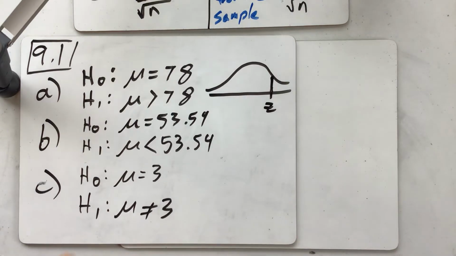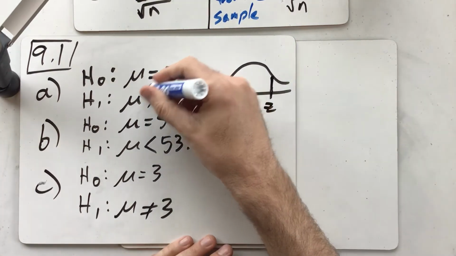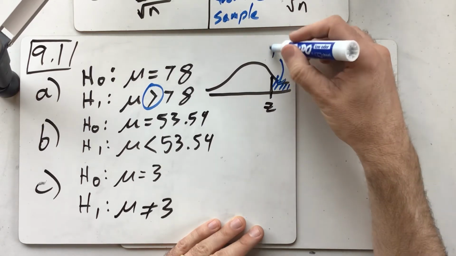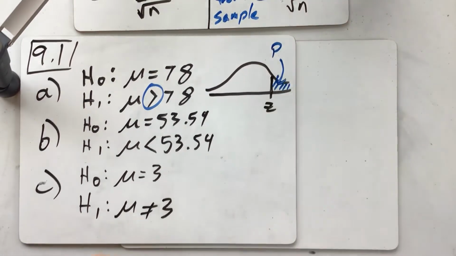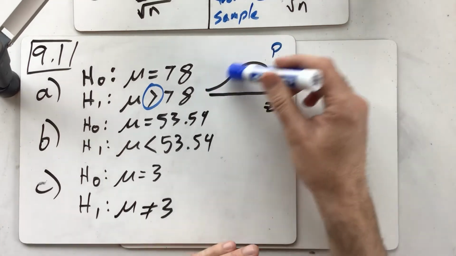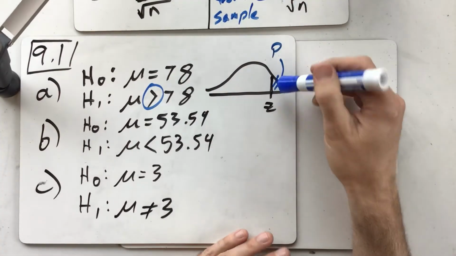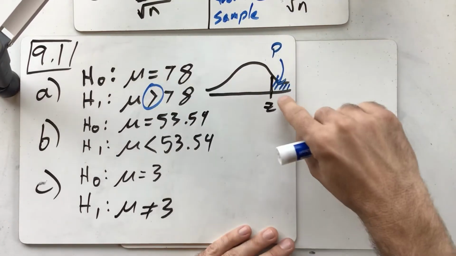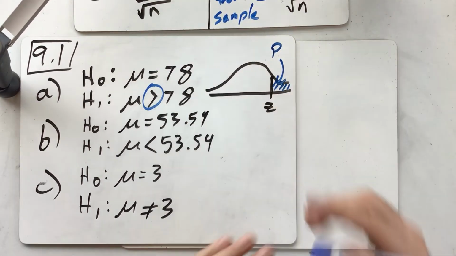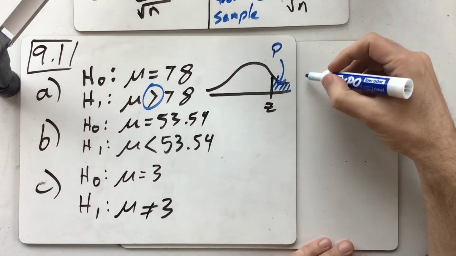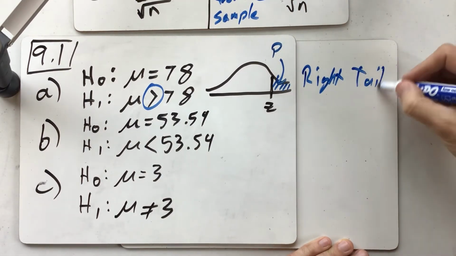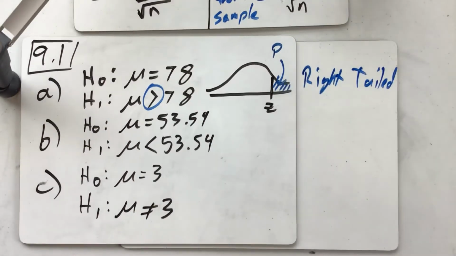Because we're interested in greater than, we're going to calculate the greater than part of our normal distribution. Every time I do one of these problems, I'm going to draw myself a bell curve and shade it in, and P is going to be the part that I shade. The greater than tells me I'm shading in the part greater than Z. And we call this, maybe not surprisingly, a right-tailed test, because we're shading in the right-hand side.